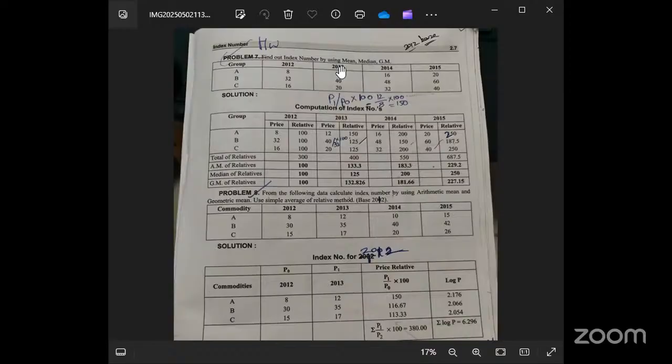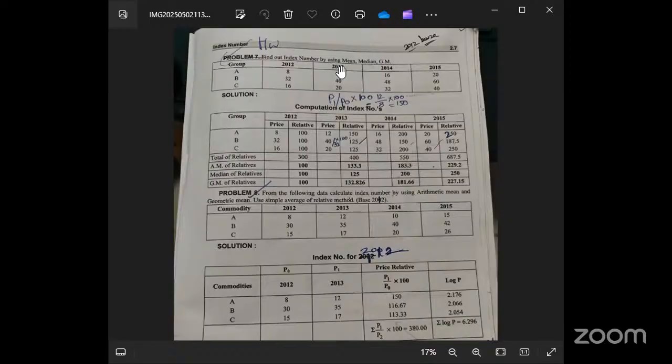So for 2012, it's a base year, so it is considered as 100. That is 300 by 3, then 400 by 3, 133.3, 550 by 3, 183.3, 687.5 divided by 3, 229.2. Now finding out medians. Median is the middle term. For 2012, the middle term is 100.